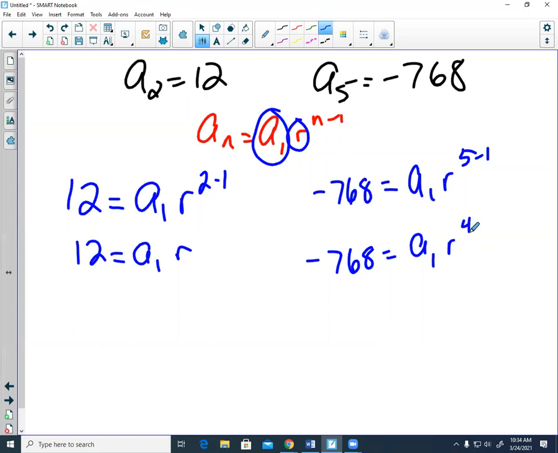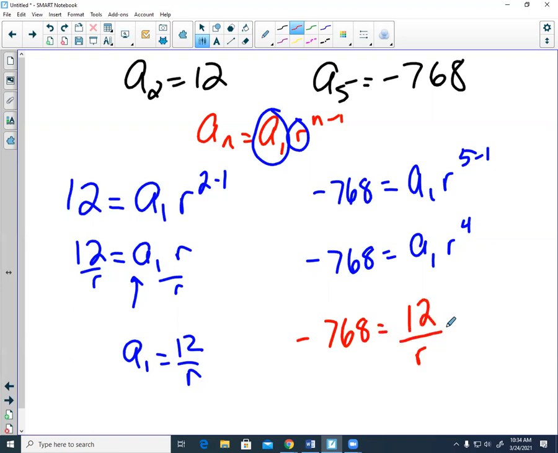So this is the one that I'm going to simplify, and I'm going to solve for that by dividing by r on both sides. So I get a1 equals 12 over r. Now I'm going to plug that into my other equation. So I'm going to get negative 768 is equal to 12 over r times r to the 4th. And the reason that I always use the smaller r is because now I'm able to cancel one of these r's together.